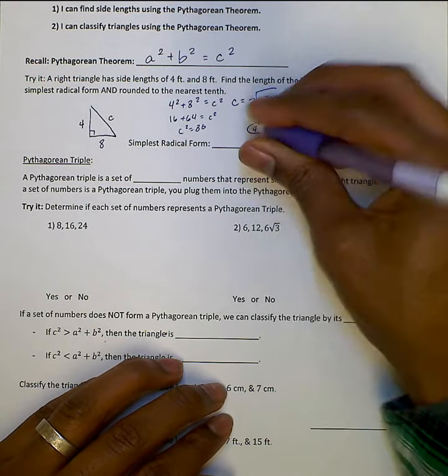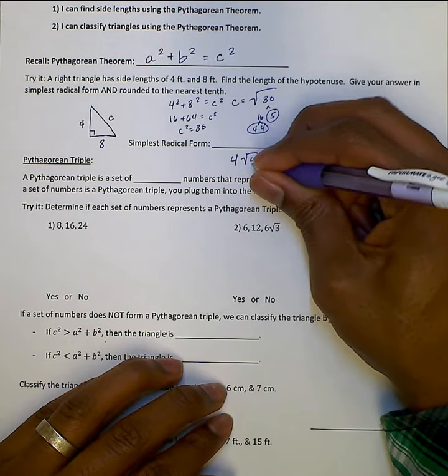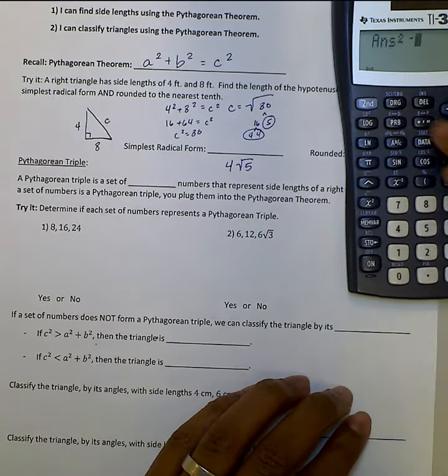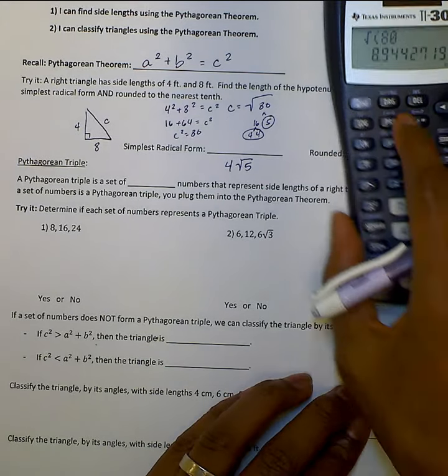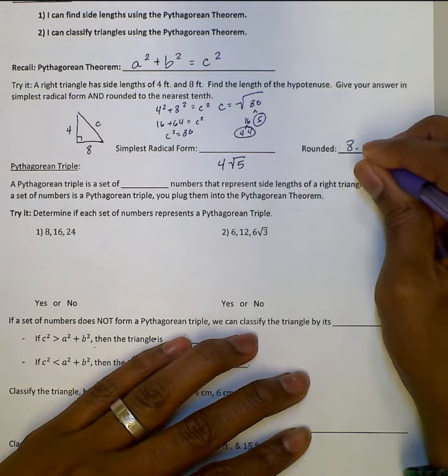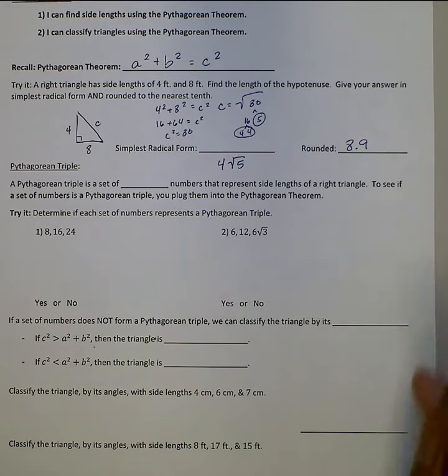So simplified radical form is 4 radical 5. To round it, I can use my calculator and do radical 80, and that gives me 8.9, to the nearest tenth. Alright, so there we go, using Pythagorean theorem.